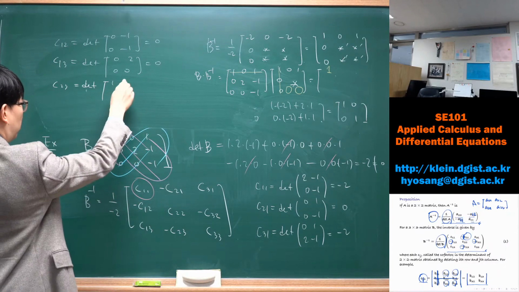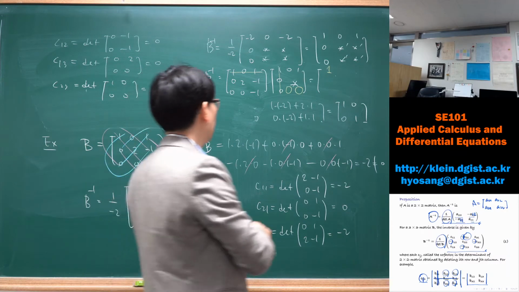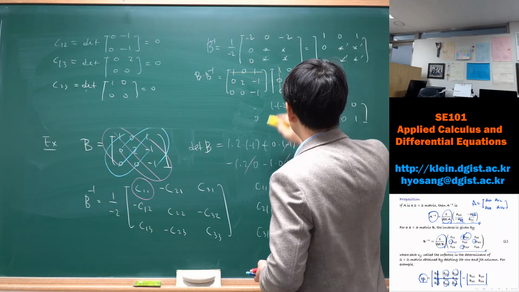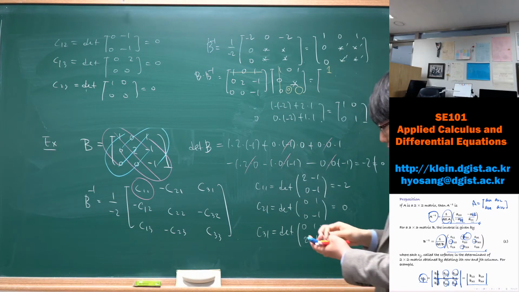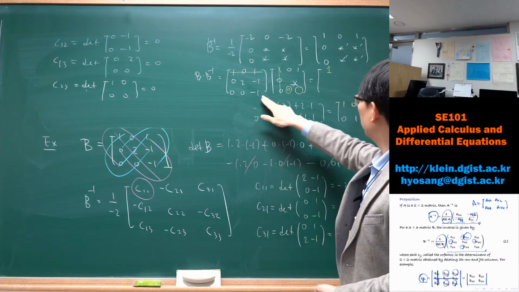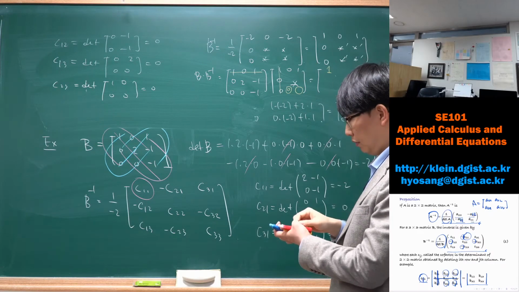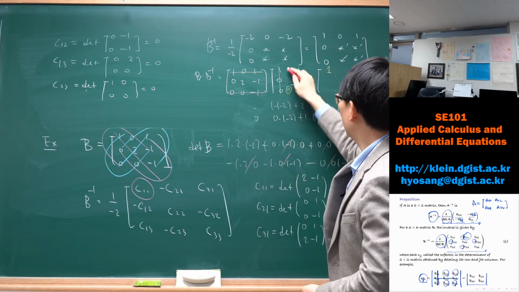So this is 1, 0, 0, 0. So that's 0. So here we have 0 already. Yeah? So I want to find out what's the third row, second column entry of B times B inverse. So third row, second column.